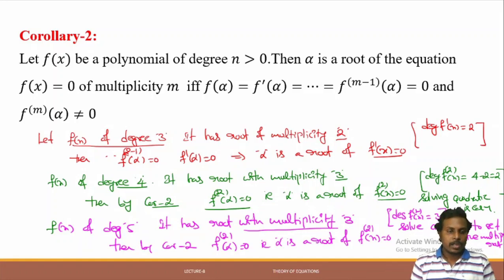So this corollary gives us another form of representing multiple roots mathematically.